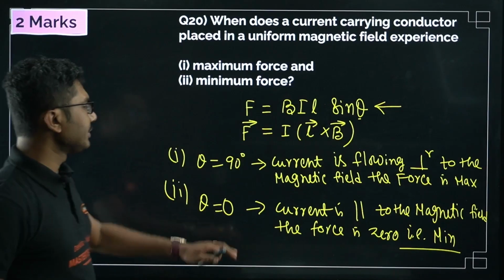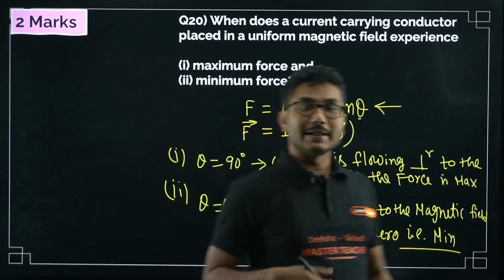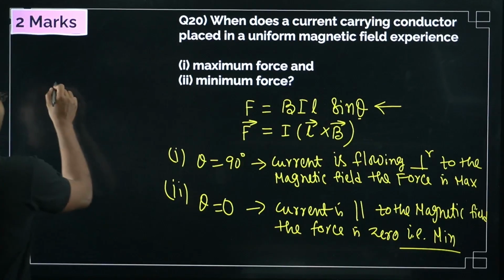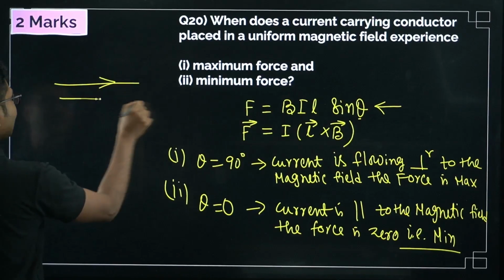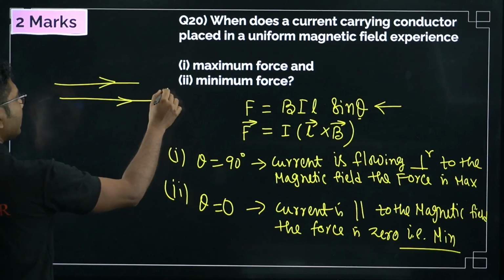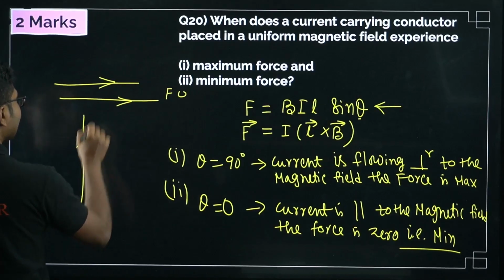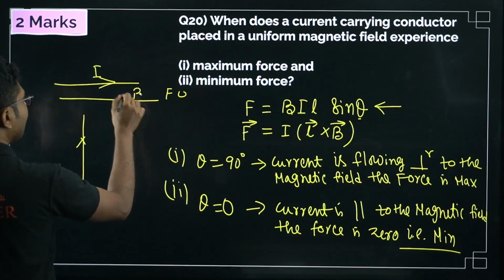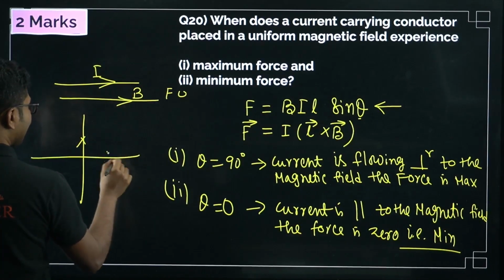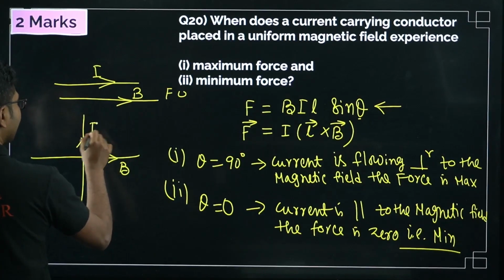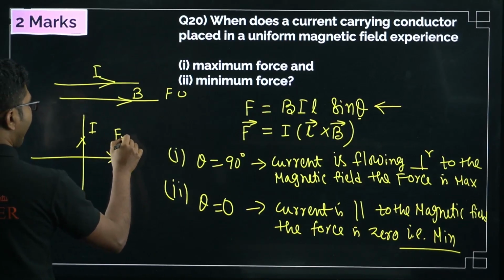Okay, so force is 0 when they are in the parallel direction. So if the current is flowing in this direction, magnetic field is also in this direction, then force will be 0. If current is in this direction, so this is I, this is B. Now current is in this direction, magnetic field is in this direction, so in that case force is maximum.